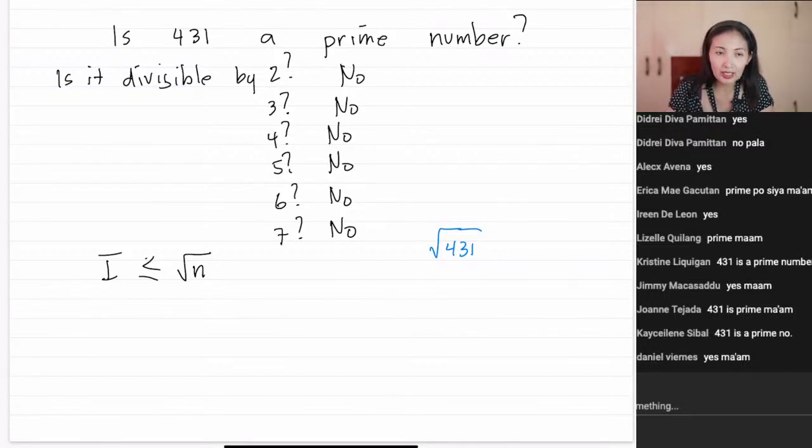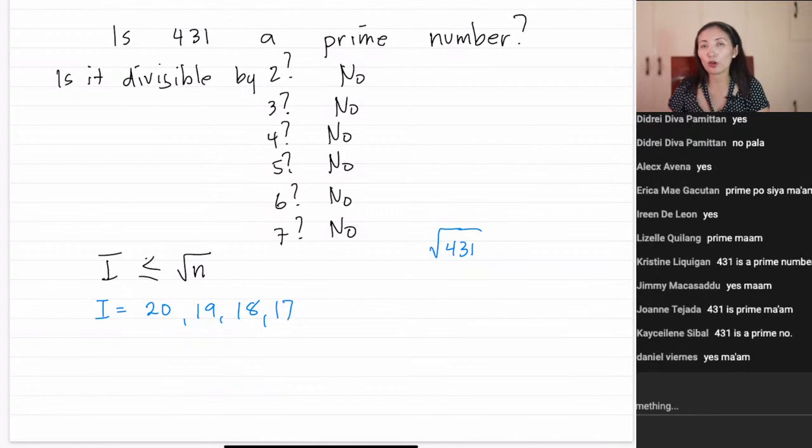So the closest integer below the square root of n is 20, so you can begin with 20. That i is 20. So 20, 19, 18, 17, and so on. So it shrinks; we only have a few to test. So we only go up to here.